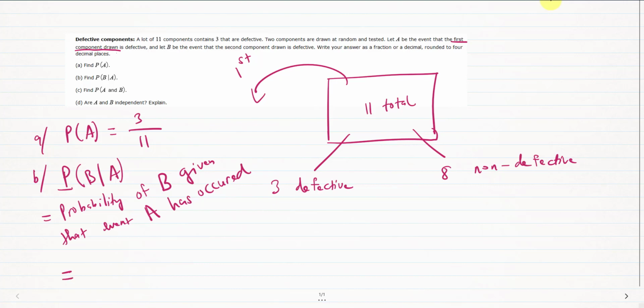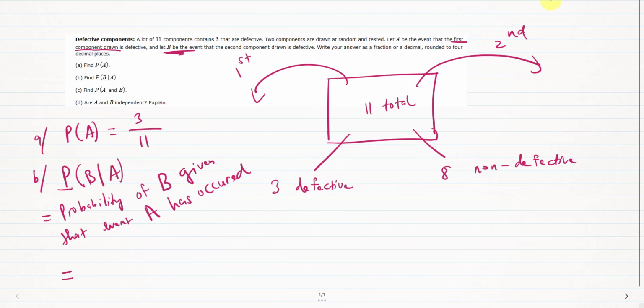Okay, so event B, go back to the problem. Event B is the event that the second component drawn is defective. Now I take out the second one, and this one is also defective. So what is the chance that you will get the second component to be defective if the first component was a defective one?